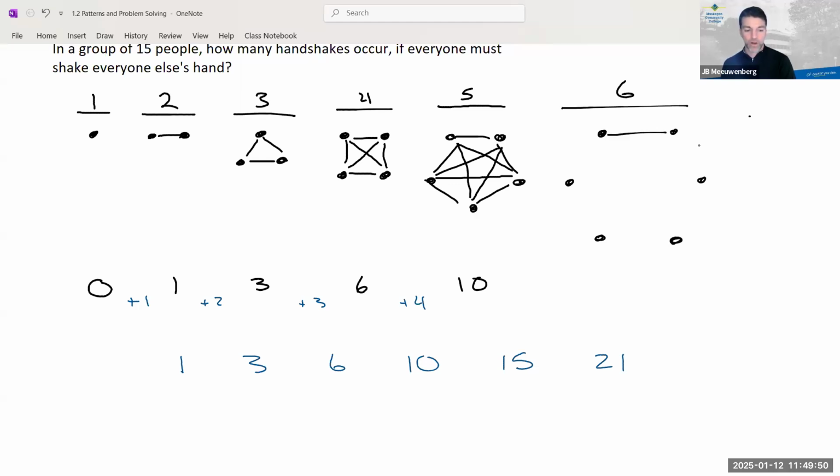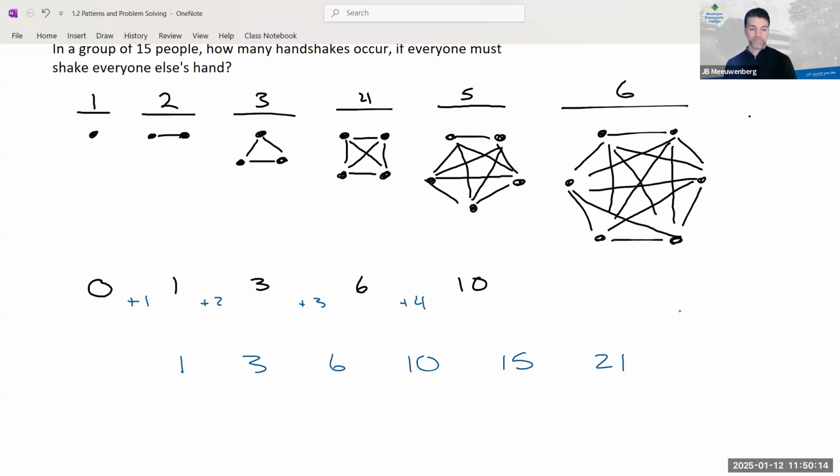There's 6 people. 1, 2, 3, 4, 5, 6, 7, 8, 9, 10, 11, 12, 13, 14. I'm missing one right here. 15. There we go. 15. And yeah, that's right. 10 plus 5.